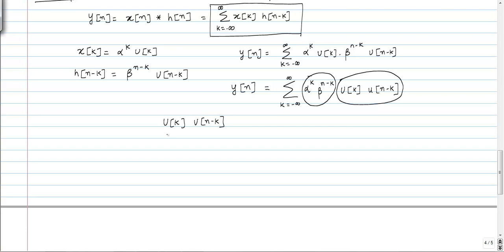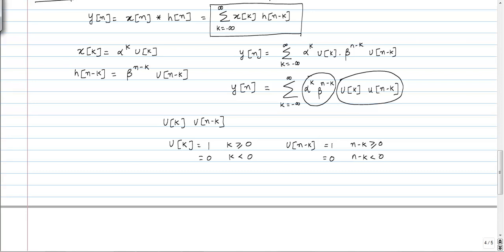Remember, u is the unit step function, which is defined as follows. u of k is 1 for all values of k that are greater than or equal to 0, and it's 0 if k is less than 0. Similarly, u of n minus k takes the value 1 if n minus k is greater than or equal to 0, and the value 0 if n minus k is less than 0.